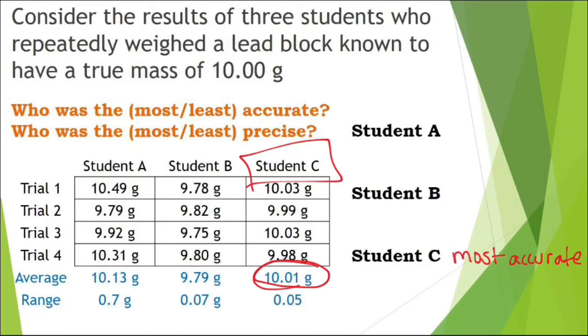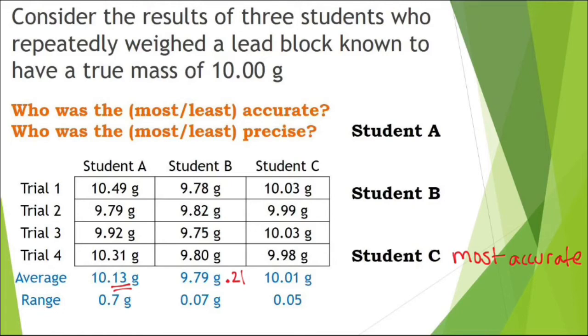The least accurate person is the person who's farthest away from our true value. So we might need to do a little bit of math here, either in our head or in our calculator. I can see with this value that I'm 0.13 away from 10. But here, if we do 10 minus 9.79, my calculator will tell me that I'm 0.21 off.